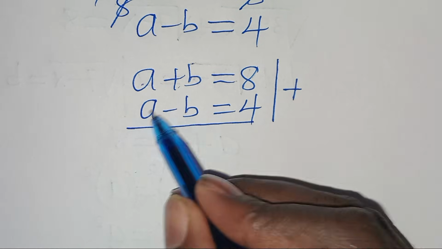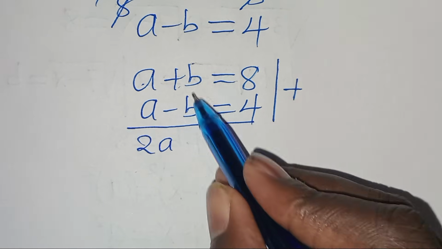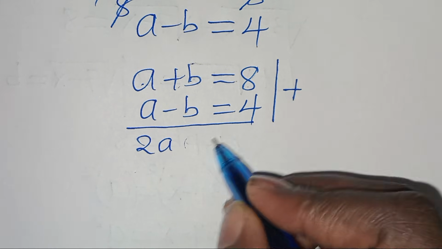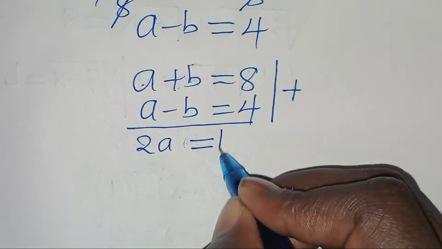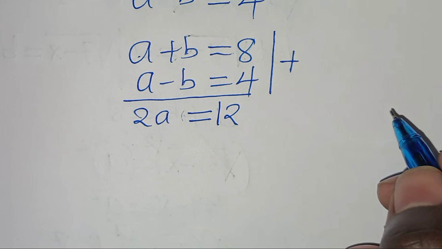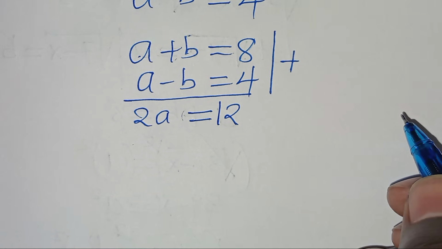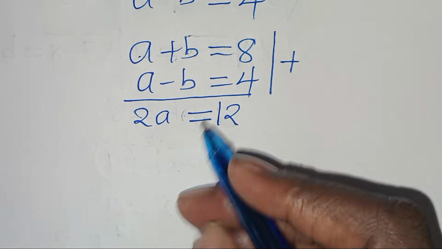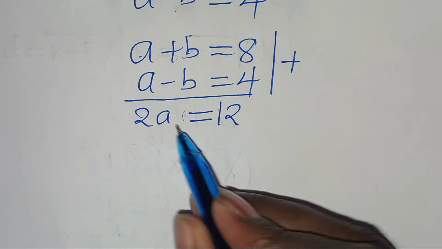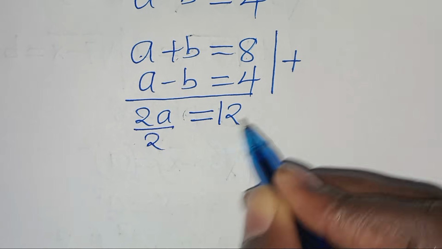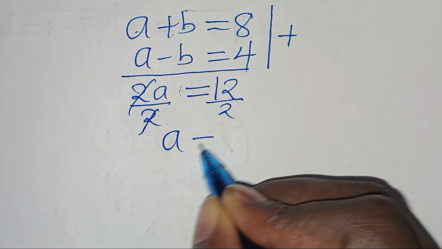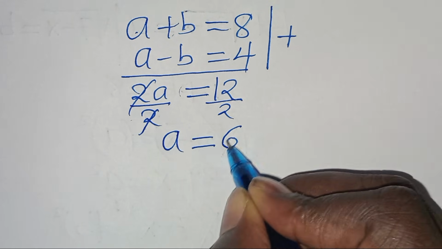We have a plus a, this is 2a, b plus minus b simplifies, 8 plus 4 is equal to 12. Now this implies that 2a is equal to 12. Let's divide both sides by 2, and we have that a is equal to 12 divided by 2, which is 6.